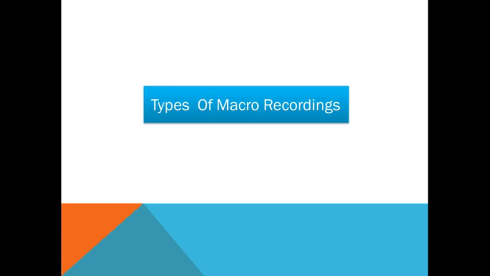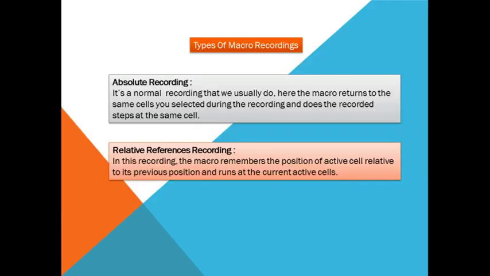There are basically two types of macro recordings. One is absolute recording. It's the normal kind of recording that we usually do, and it repeats the steps that we recorded during the macro recording at the same cells.